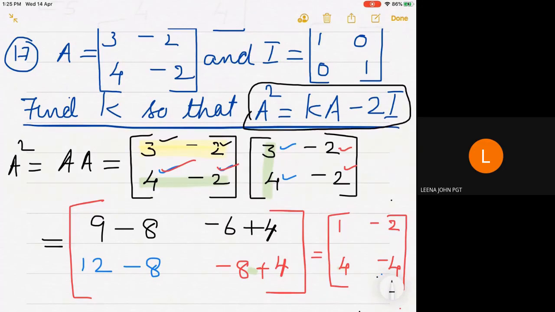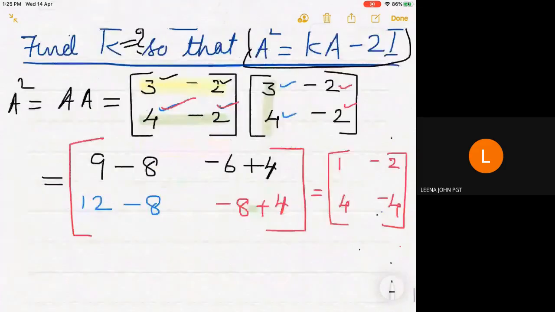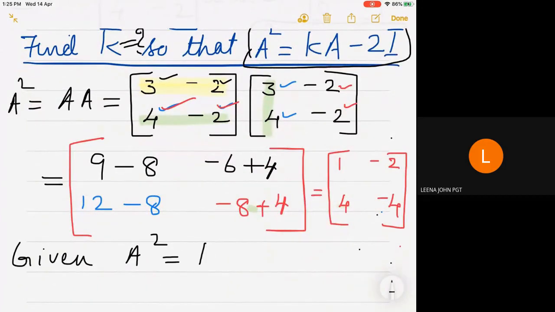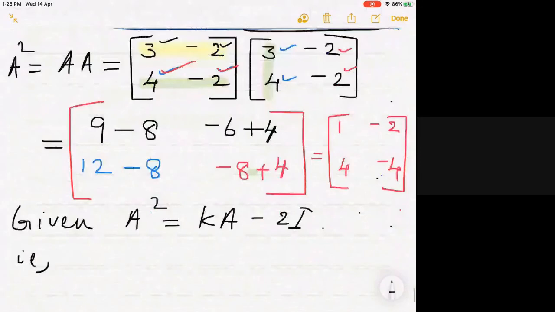Then you have to find out the value of K. So given thing you can use it. That is, given that A square equal to KA minus 2I. That is, A square you have already found. You can write that. It is a matrix 1 minus 2, 4 minus 4.